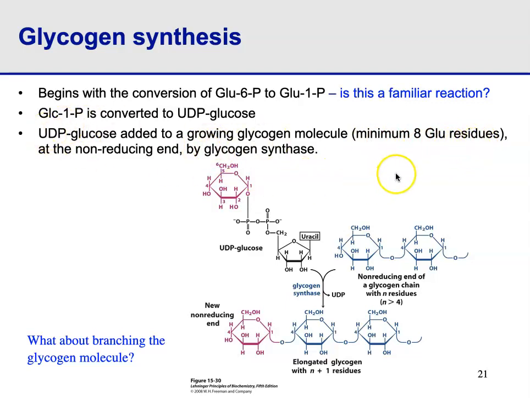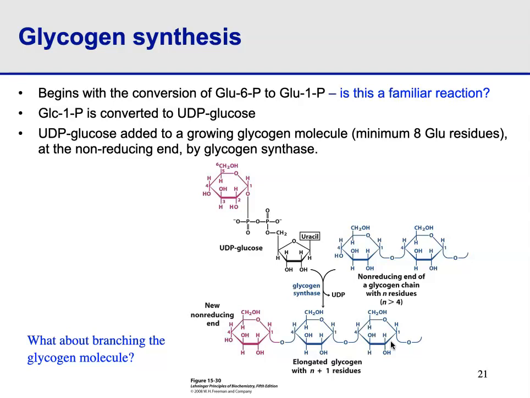That's when this reaction starts occurring. You already have to have 8 glucose residues linked to each other in a chain. When we have that, that's when glycogen synthase will bind to it, and that's when glycogen synthase will start adding the new UDP glucose molecules to the non-reducing ends of that minimum 8 glucose residue chain.